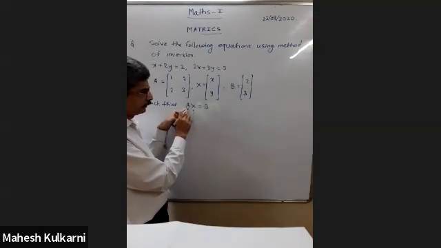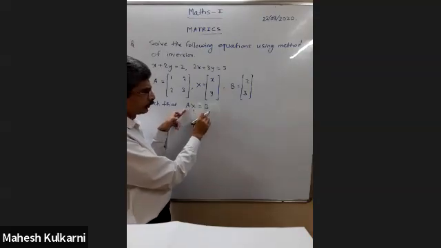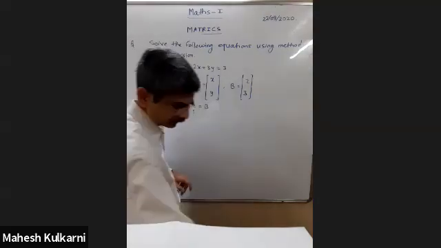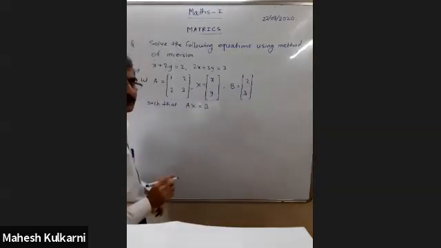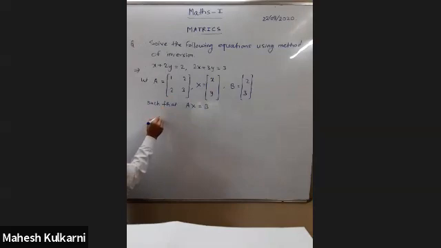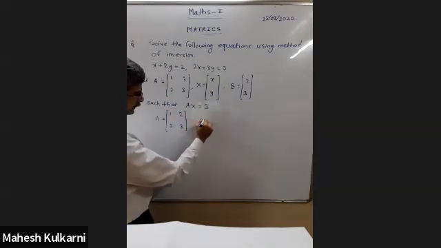Find A inverse, then pre-multiplying by A inverse on both sides, we can find X. Now first of all, we are going to find the inverse of A. Given matrix A, 1, 2, 2 and 3. Therefore, from this, write the adjoint of A.